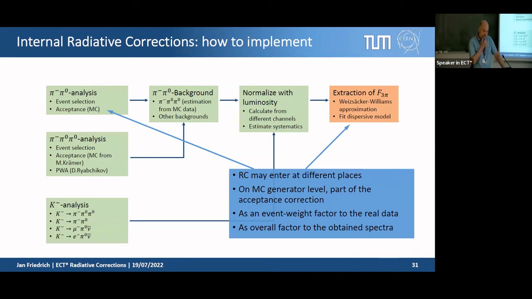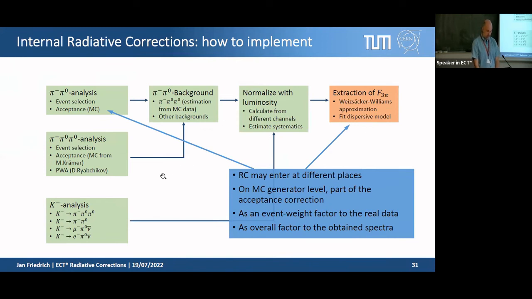And the one thing we discussed already, that is at the analysis itself and putting it into a factor, as an event-based factor to the real data, or as an overall factor to the obtained spectra.